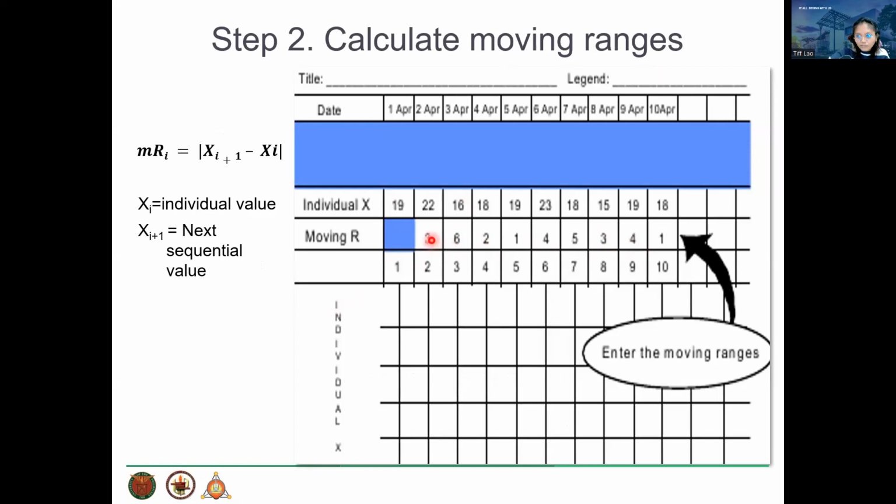And since nakikita nyo naman na kapag nagko-compute tayo ng moving range, the number of your moving ranges is n minus 1. Okay, so if you have 1, 2, 3, 4, 5, 6, 7, 8, 9, 10, so you have 10 data points. So yung moving ranges natin, parating minus 1 yan, di ba? Tama?